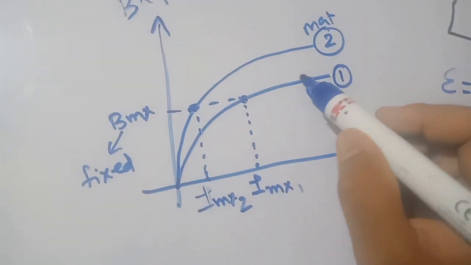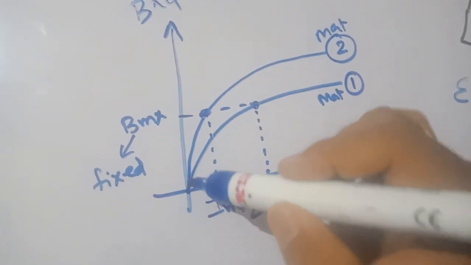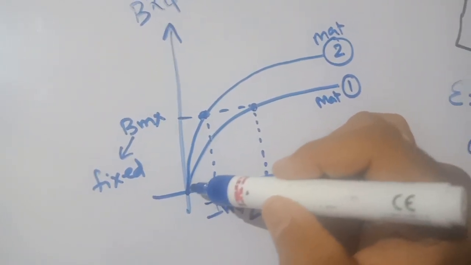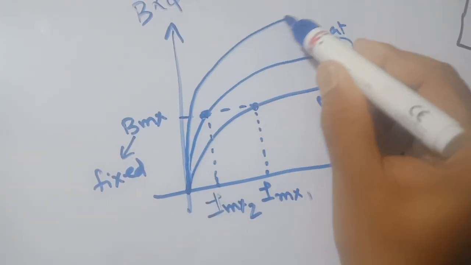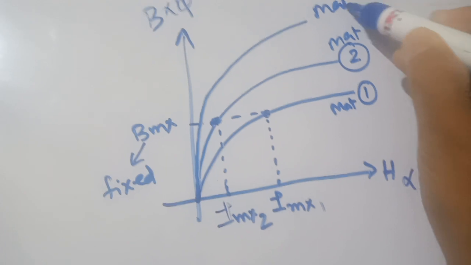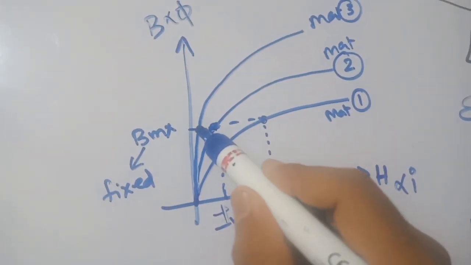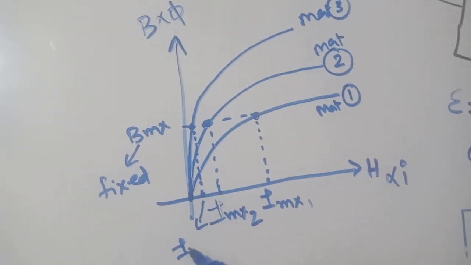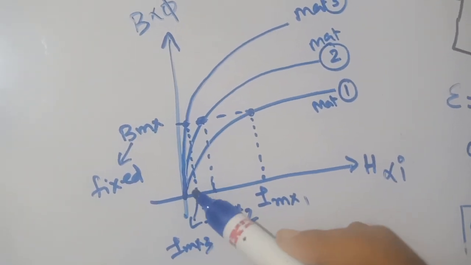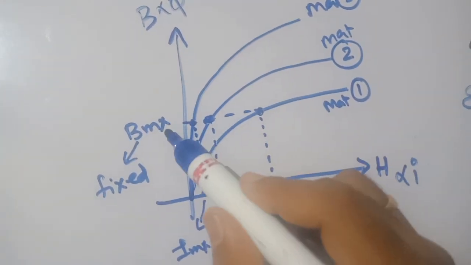So the current drawn from the source is drastically reduced in the second case. If you use the best material like silicon steel, the BH curve is almost something like this. This is material 3, which is best. The current requirement, I max 3, is a very small requirement, and it is enough to create the rated flux.